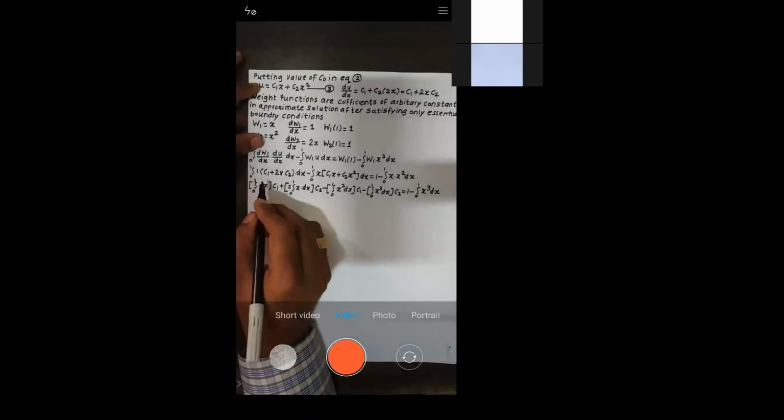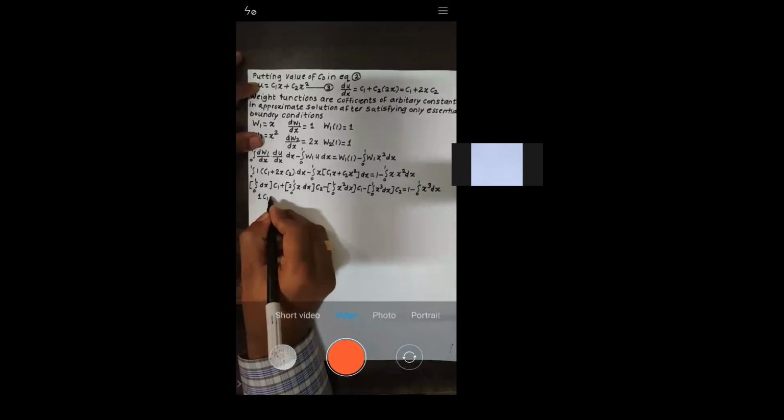It's 1. This is 1 c1 plus, I'm writing, tell me this value, coefficient of c2.